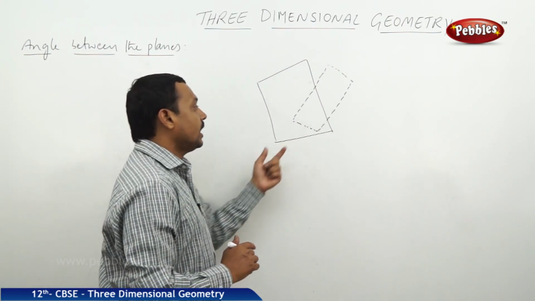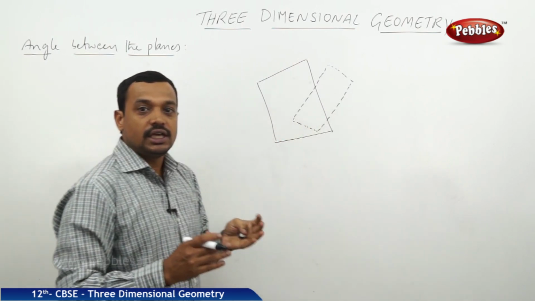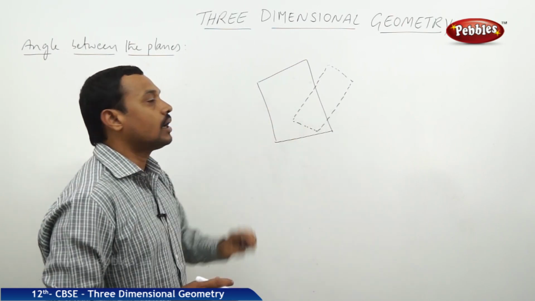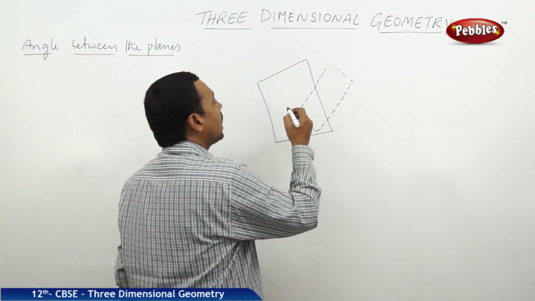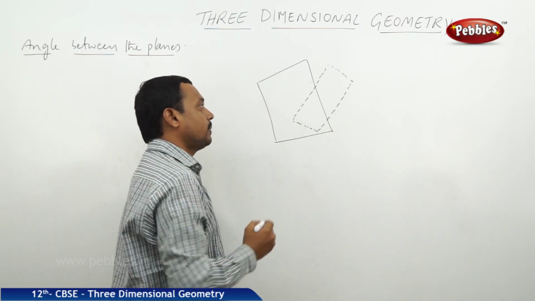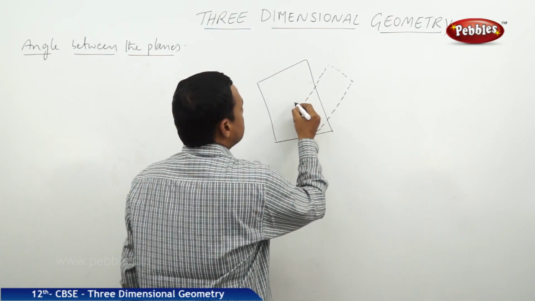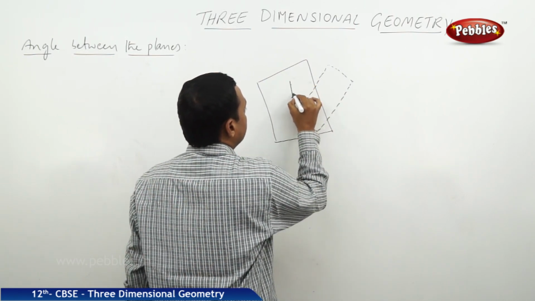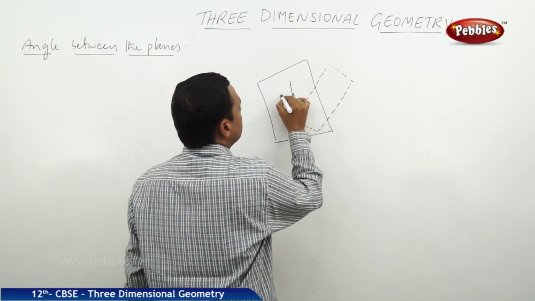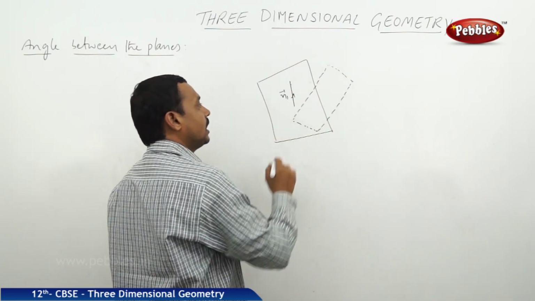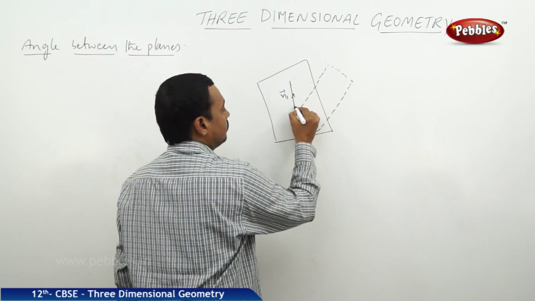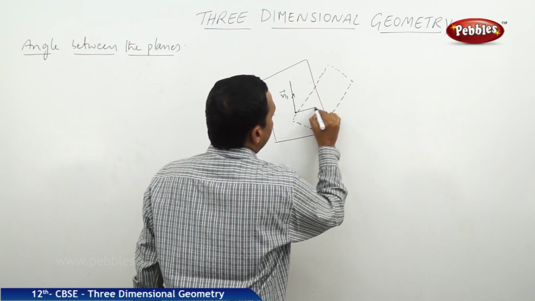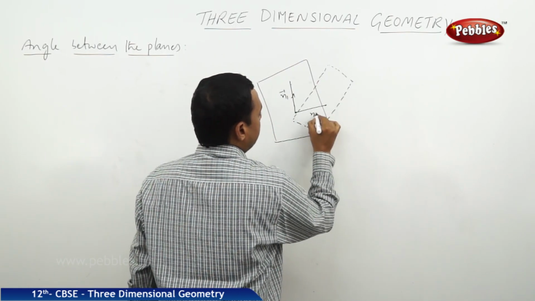So here the angle between two planes is defined as the angle between the two normals of the planes. Normal means perpendicular vectors to the planes. Suppose n1 bar is a perpendicular vector to this plane and n2 bar is a perpendicular vector to the second plane.